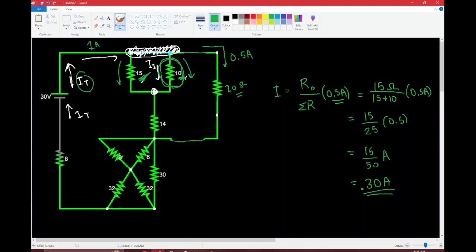So that's just some mental math, but yeah. So now we know how much current is going to go down this resistor over here, which is what the question's asking for. So 0.3 amps.